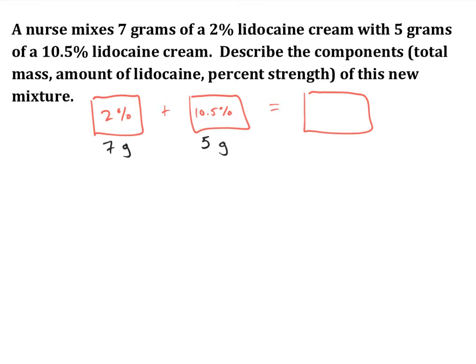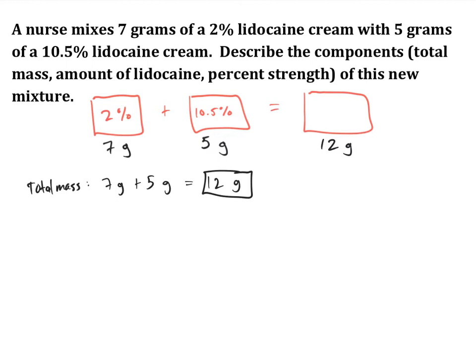And if I mix these creams together, that means whatever the new cream is, I'm going to have a total of 7 plus 5, or 12 grams. So the total mass is just going to be the 7 grams plus the 5 grams. That's going to give me 12 grams. So I will have 12 grams of this new cream once I mix them together.